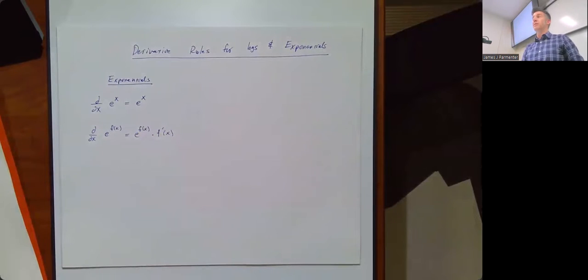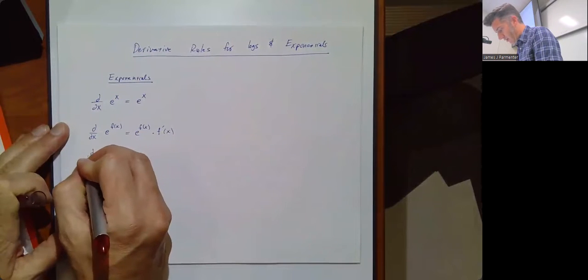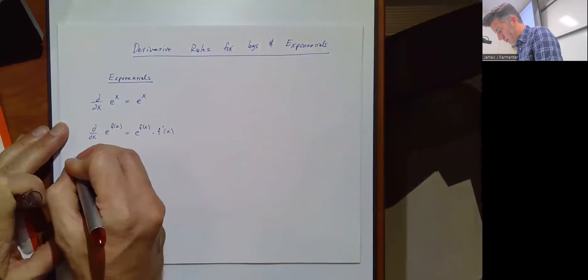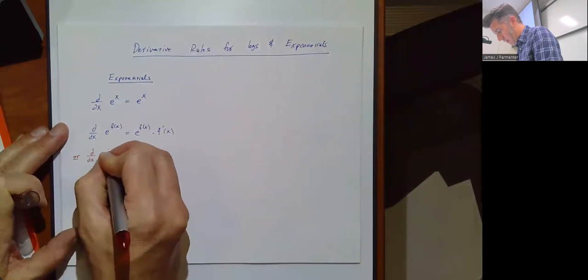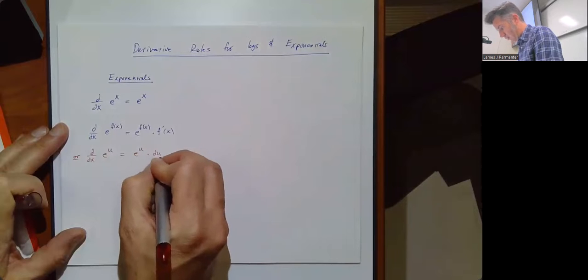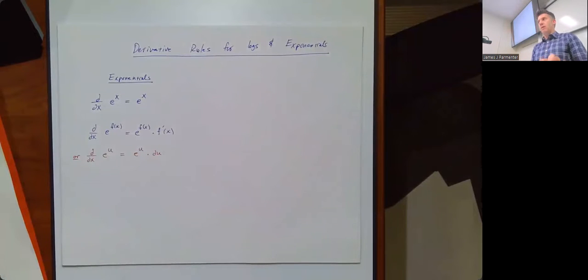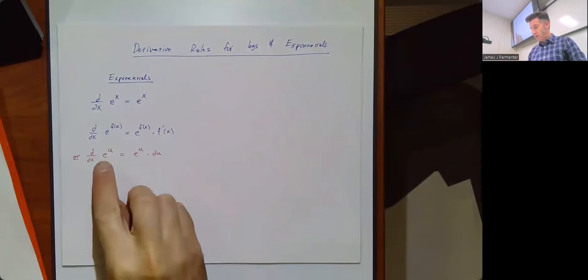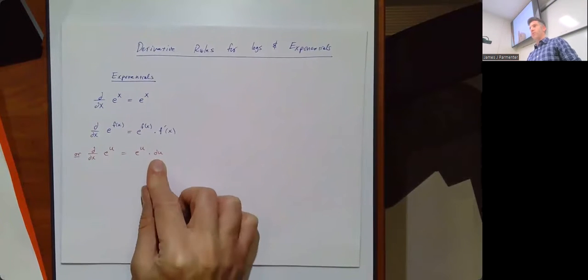Some books write this in a slightly different way. Some people like to write this as the derivative with respect to x of e to the u is e to the u times du. It's the same meaning, just a different way of writing it. We're thinking here that u is our stuff, and so the derivative of e to the stuff is e to the stuff times the derivative of that stuff.